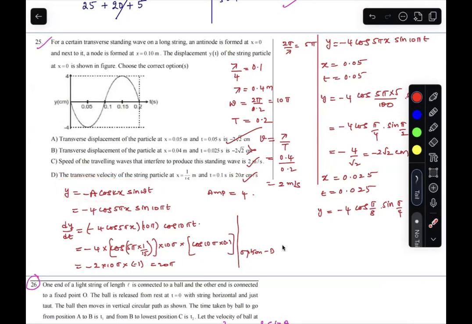If you can identify this equation, everything is solved. Then I have done dy by dt. You asked at some x, at some t, what will be the displacement and the velocity. I just substituted in these equations and got the answer. My skill lies in writing these equations, remember. That's all.